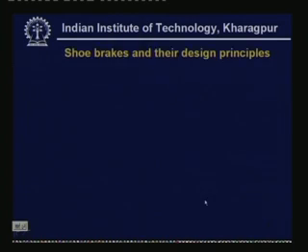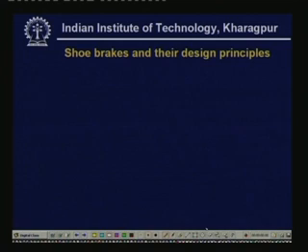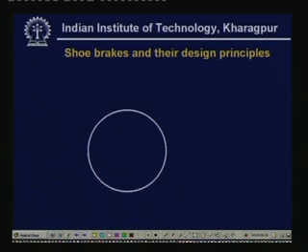Now, we are in a position to study the design principles of shoe brakes. You see, shoe brakes here, let us consider this case, that is, this is the drum, let us say, and we apply one brake over here.